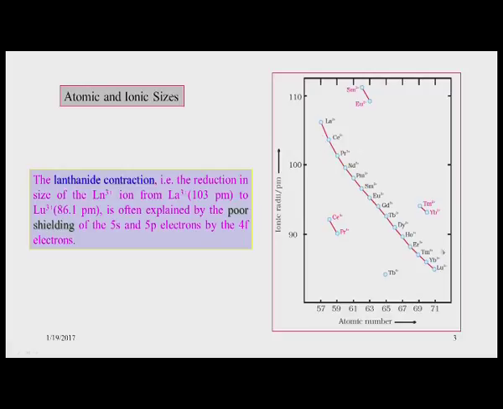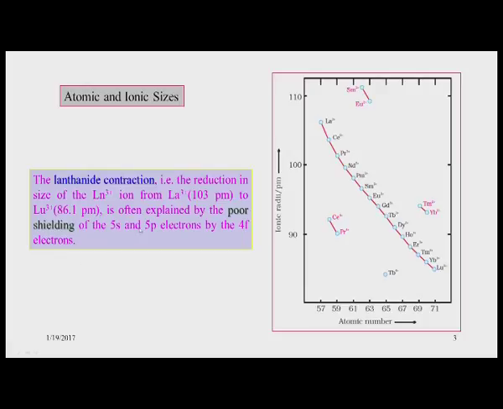This decrease is a very useful term; we always ask what you know about lanthanide contraction. As we move from left to right, we are feeding electrons to the system, but we are not getting the change we are expecting because of the poor shielding effect of the 4f electrons in the 4f orbitals.